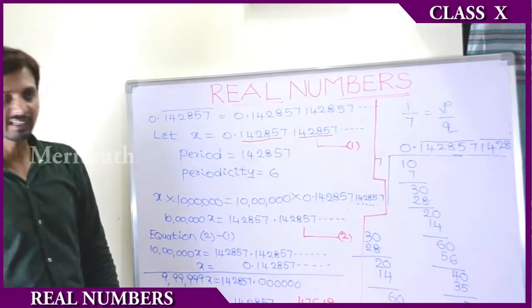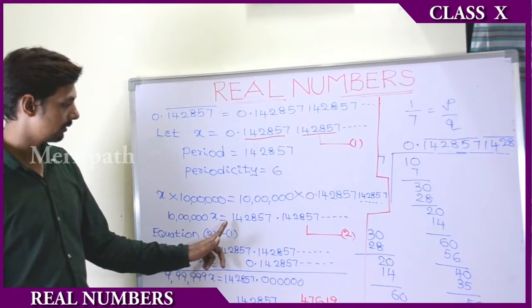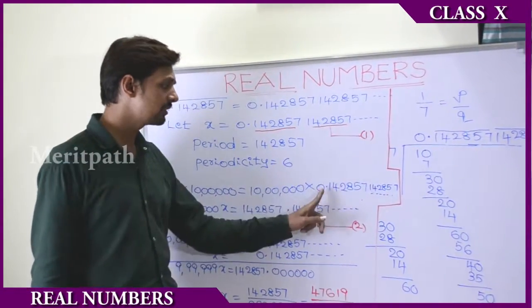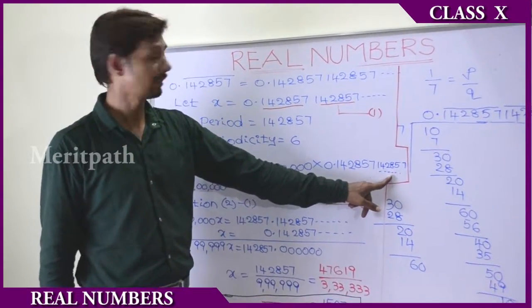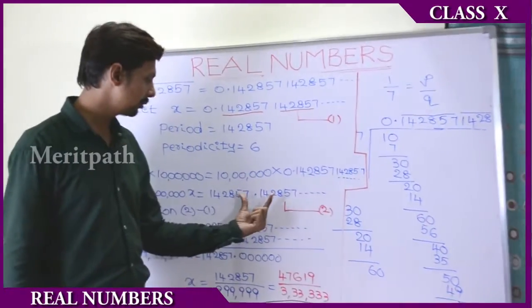So after multiplication, we get 10 lakhs x equals to, when we multiply 10 lakhs into 0.142857, 142857, the decimal places will jump to here.